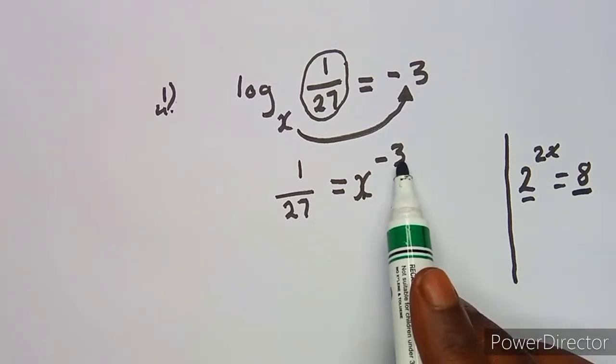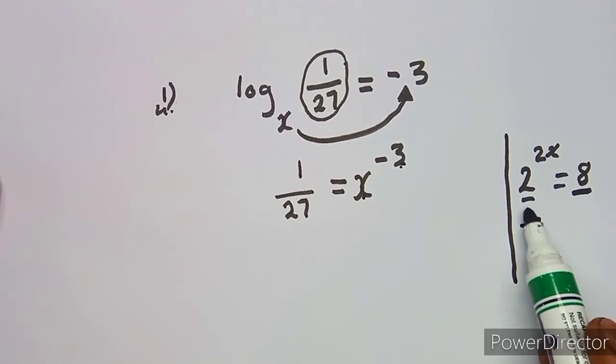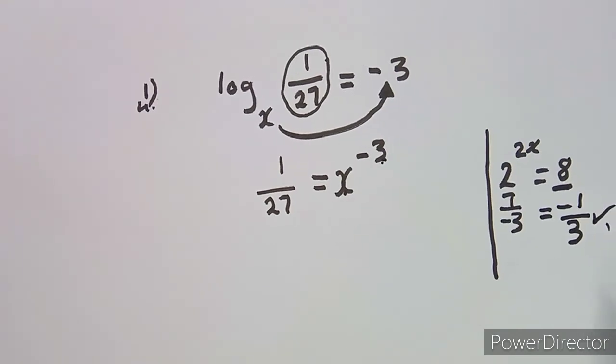So what is the inverse? Because we want to remove this minus 3. The inverse of minus 3 is simply 1 over minus 3, which gives you minus 1 over 3. Remember, guys, from the concept that we talked about, that inverse is simply 1 over a number.